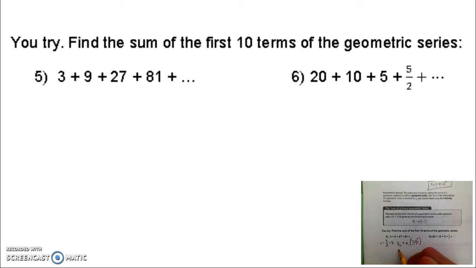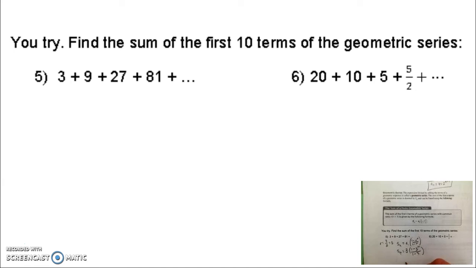So the sum of the first 10 terms is a sub 1, the first term, times 1 minus the ratio, 3, to the n power, that's 3 to the 10th, over 1 minus the ratio, 3. So let's see what's going to happen here.